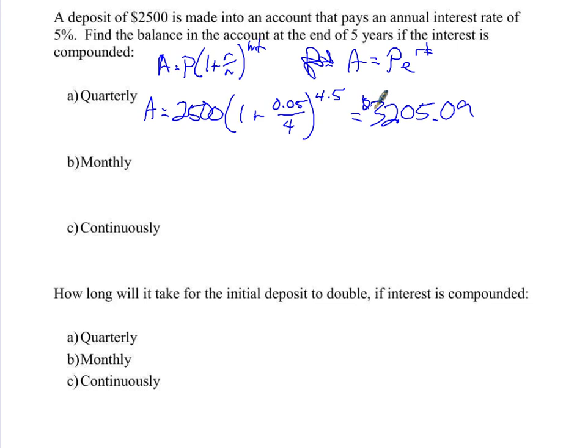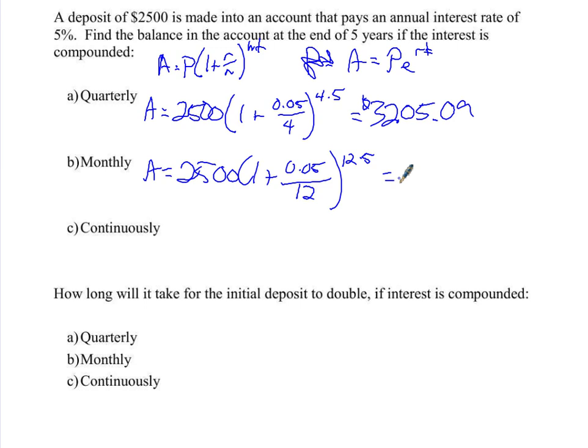Okay. Pretty good. What about compounded monthly? What does my equation turn into? Compounded monthly, there's 12 months in a year, so to the 12 times 5.